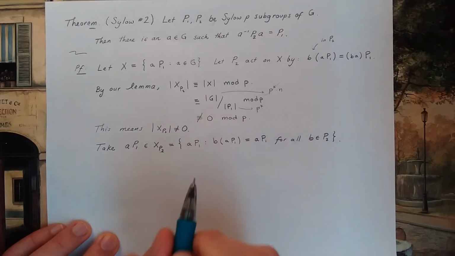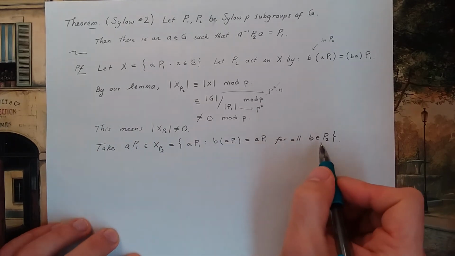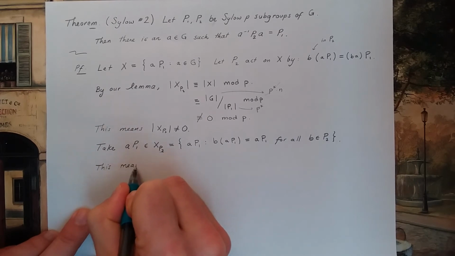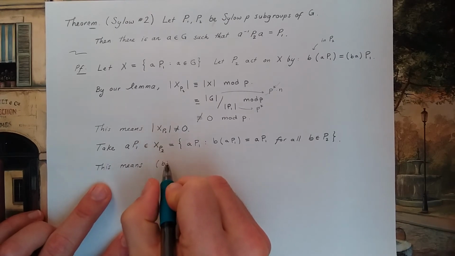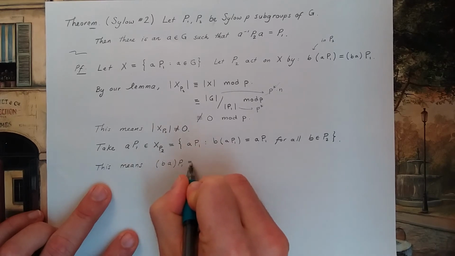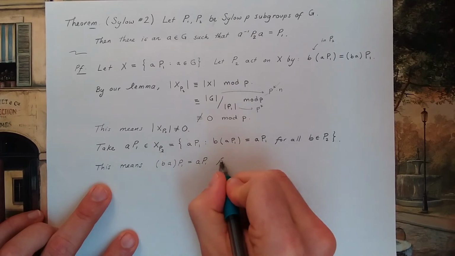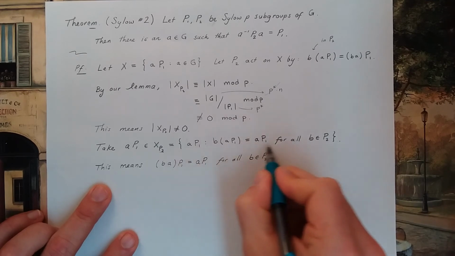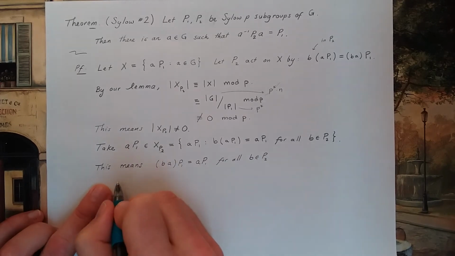I know there's at least one coset aP1 that satisfies this condition. What does this mean? This means that baP1 is equal to aP1 for all b in P2.